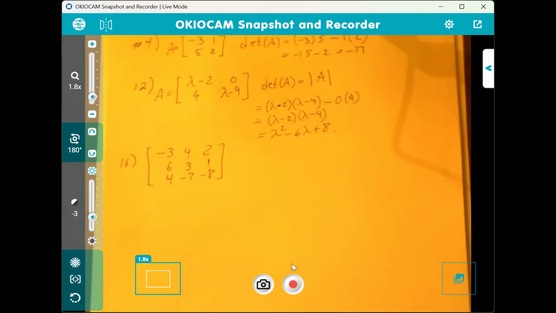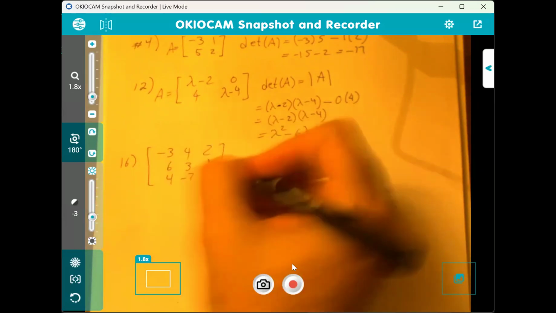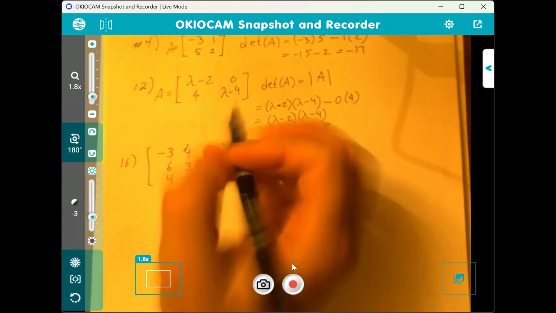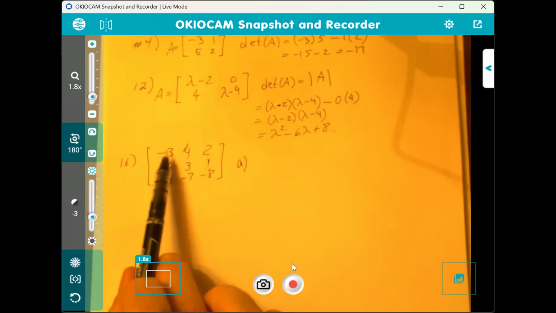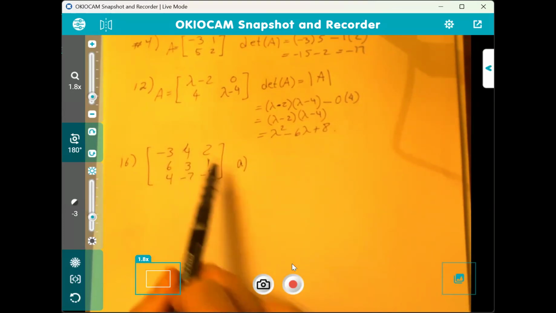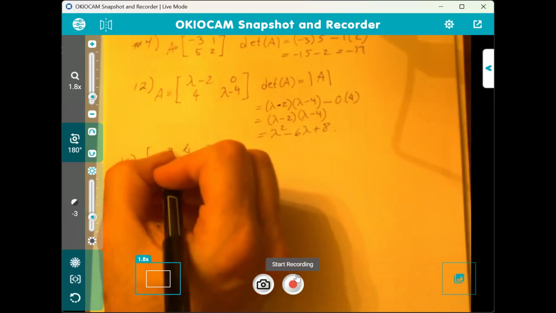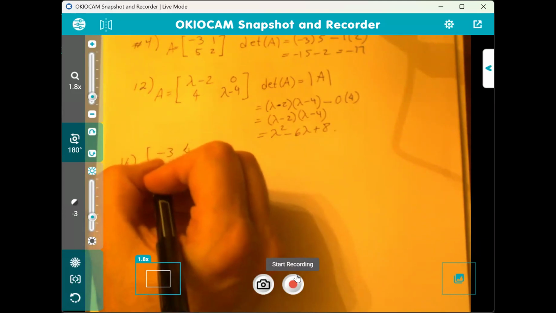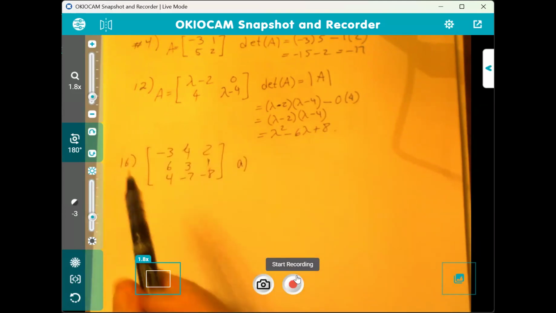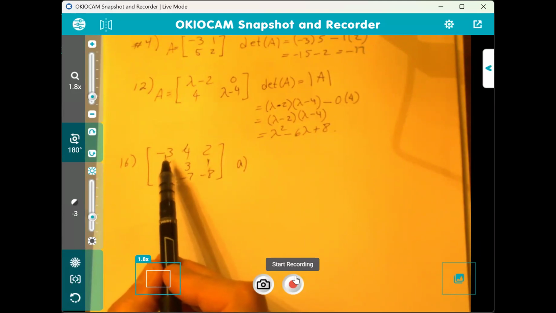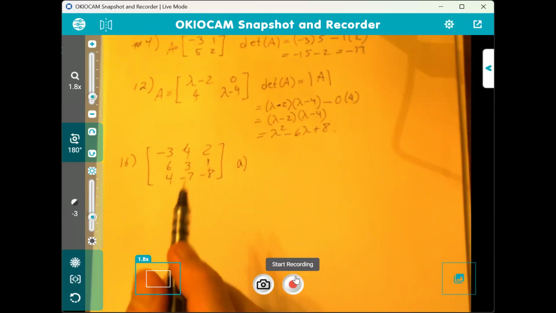So here it goes. We're doing part A of this one. In part A, I'm going to go ahead and go, doesn't matter how you go by row or by column, because eventually we're going to do all 9 of them, right? So let's begin with negative 3 here. Negative 3 is in the first row, first column, right?